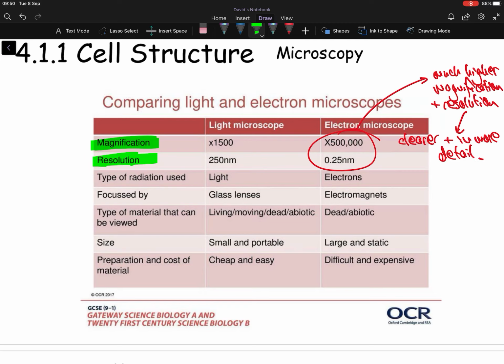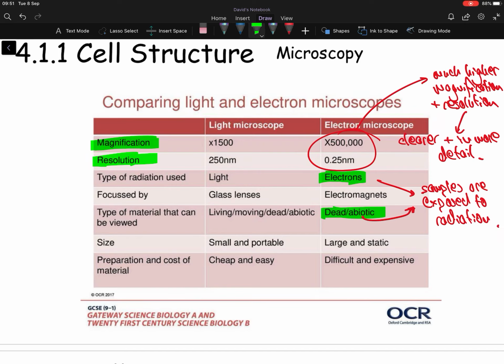Now, disadvantages of these is you can only look at dead or abiotic samples. This is because in order to see them, you use electrons. So samples are exposed to radiation, which is why you can only use dead ones.